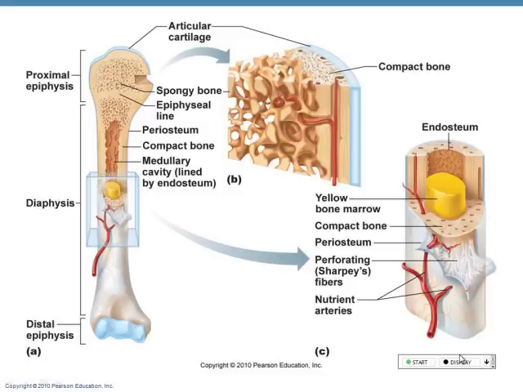If we look at the diaphysis of the bone, we see another big cavity. Again, that's surrounded by the endosteum. And this is where we're going to find yellow bone marrow. Now, what's yellow bone marrow again? Most of it is fat. Okay?